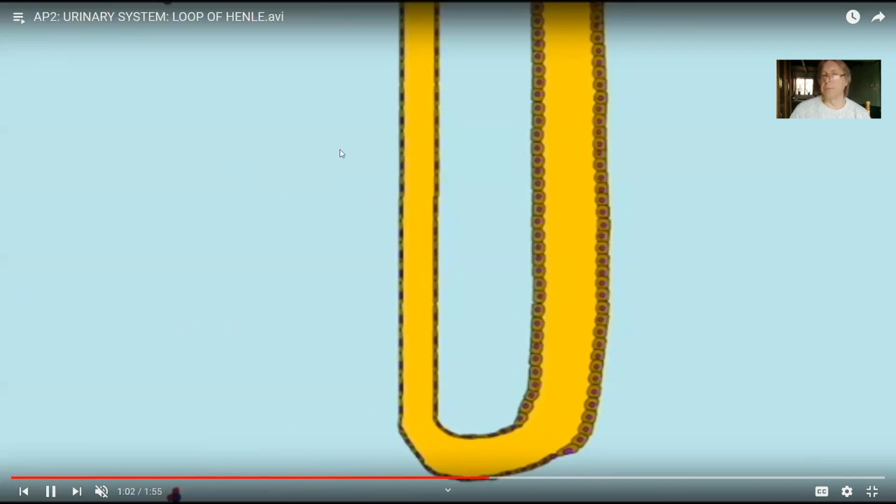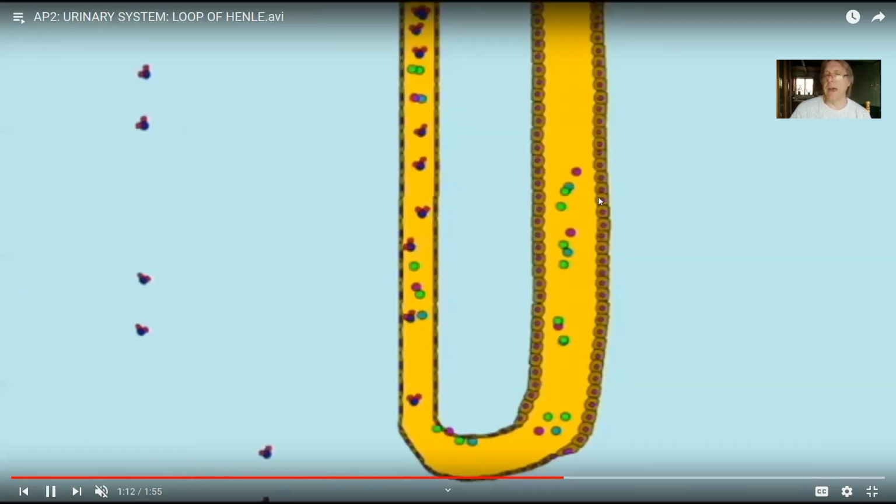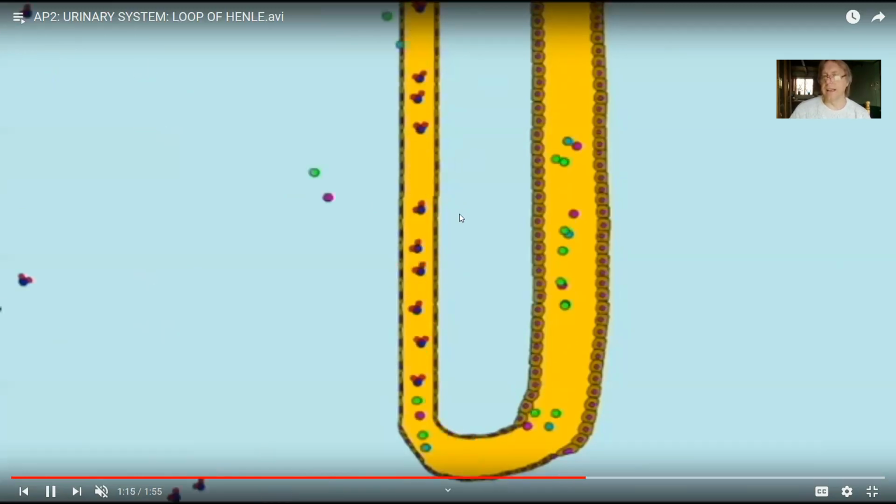As more salt is pumped out of the ascending loop, that will draw more water out of the descending loop. As water comes out of the descending loop, this concentrates the salt and makes it easy to pump out of the ascending loop.